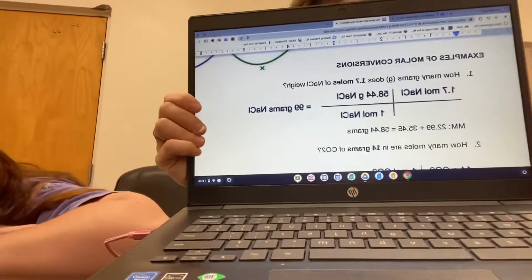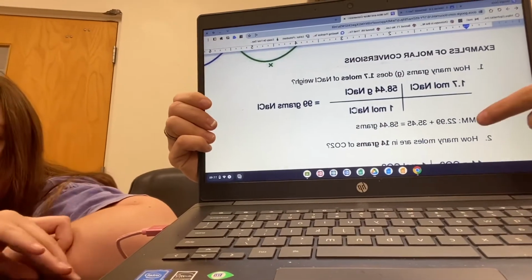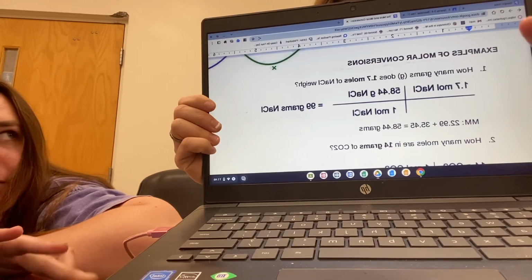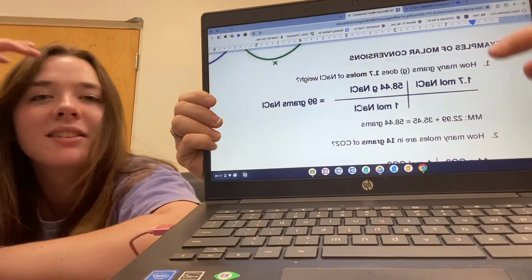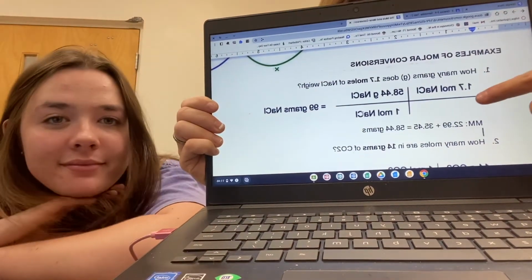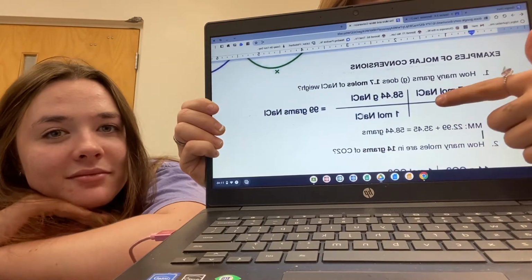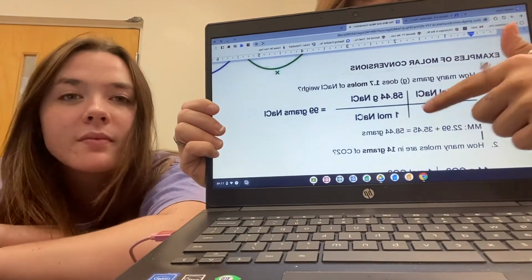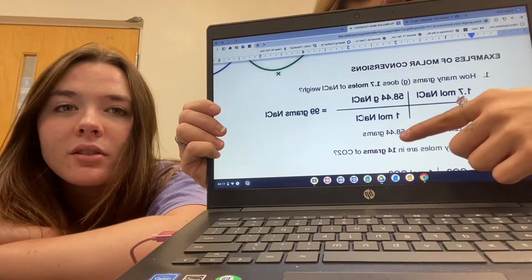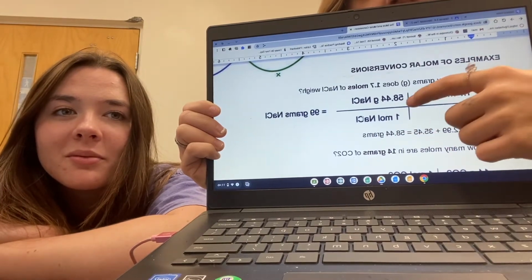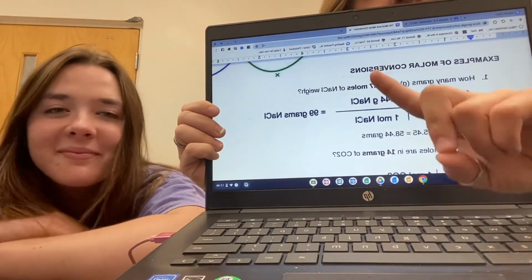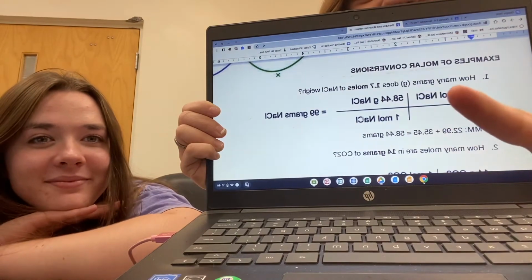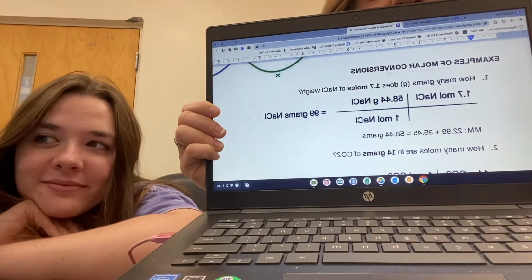The first example is how many grams does 1.7 moles of NaCl weigh? First you have the 1.7 moles of NaCl, then you have to go to grams. So you get 1 mole of NaCl, and with molar mass, you see how much 1.7 moles of NaCl weighs.